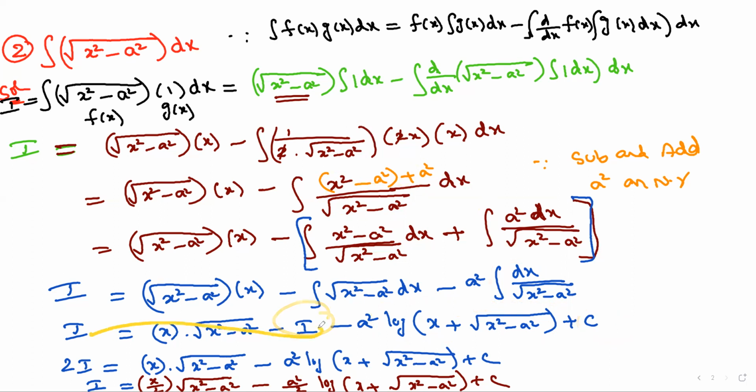This minus I, sending to the other side, becomes plus I, and I plus I is 2I. So 2I is equal to x into root x square minus a square minus a square times log of x plus root x square minus a square plus c. So we get I by dividing 2 on both sides: I is equal to x by 2 root x square minus a square minus a square by 2 log of x plus root x square minus a square plus c.